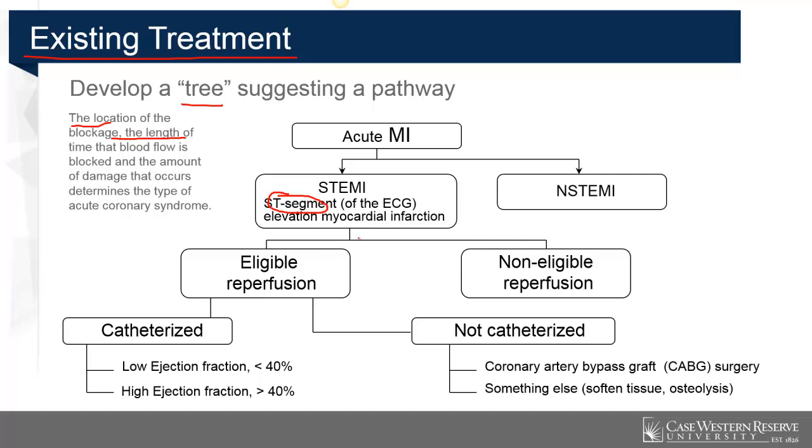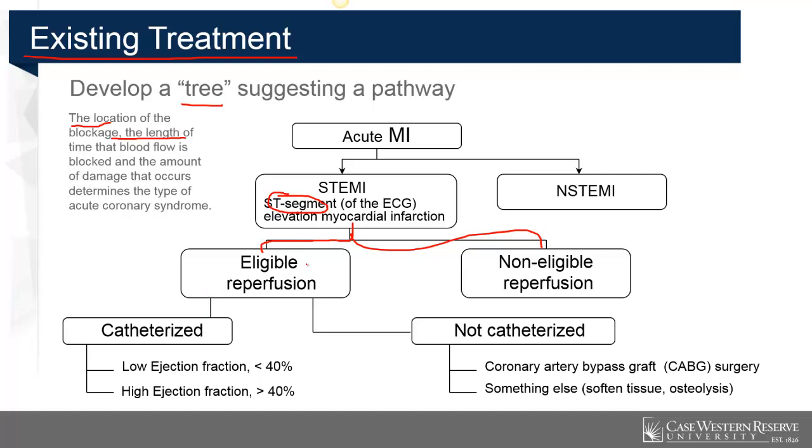And so then you work your way down, and you say, okay, the person's eligible, and then eligible for reperfusion or not. This could be due to age, condition. There could be a variety of comorbidities that would prevent the procedure from being done, because again, the reperfusion would be damaging to them, and we could talk a little bit about that later.